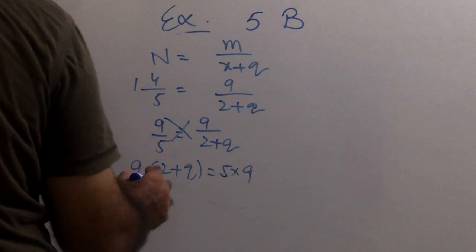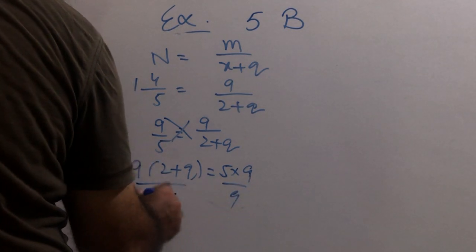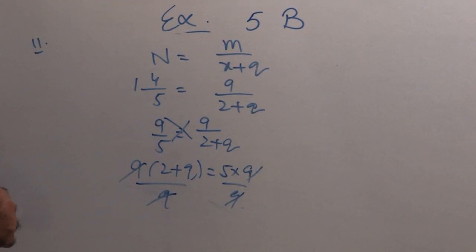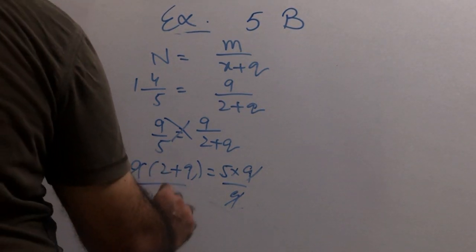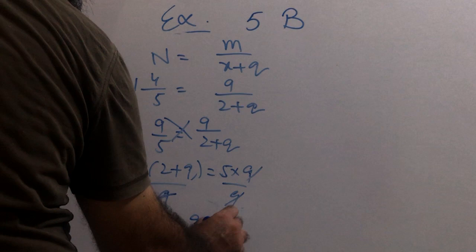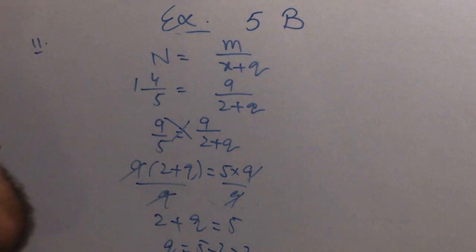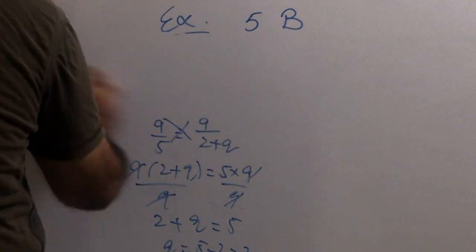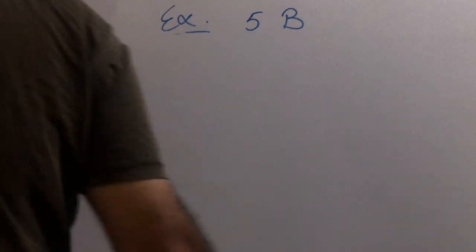We can divide both sides with 9. 9 gone with 9, 9 gone with 9. Now we are left with 2 plus Q is equal to 5. So Q is equal to 5 minus 2 is 3, the answer for question number 11. It was very simple. We just cross multiplied the things and we got our answer quickly.